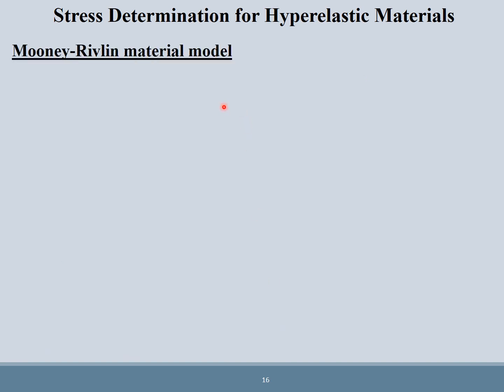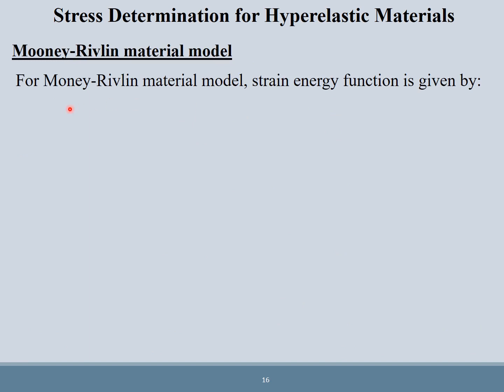Now the second material model that I choose is the Mooney-Rivlin material model. For the Mooney-Rivlin material model, the strain energy density function is given by C1 times I1 minus 3 plus C2 times I2 minus 3. C1 and C2 are coefficients that depend on the material property, generally on the shear modulus, and by using the material property we can determine C1 and C2.